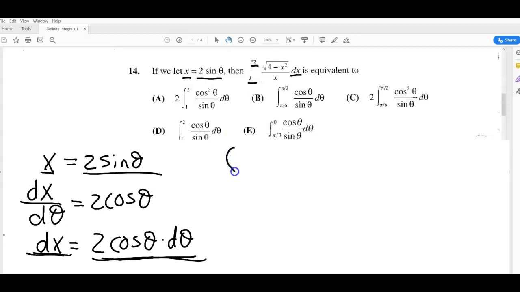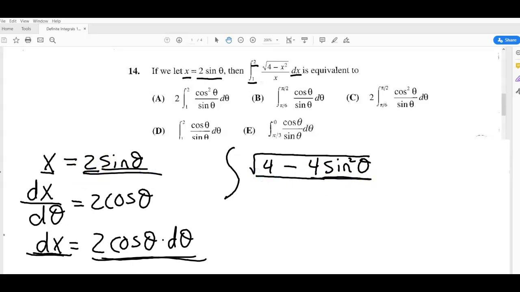If I do that, this is what it's going to end up looking like. 4 minus x squared is going to become 4 sine squared theta, because if you square the 2, you get 4, and if you square sine, of course, you get sine squared.